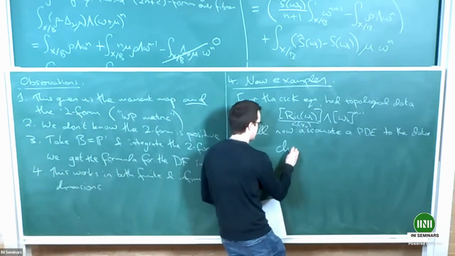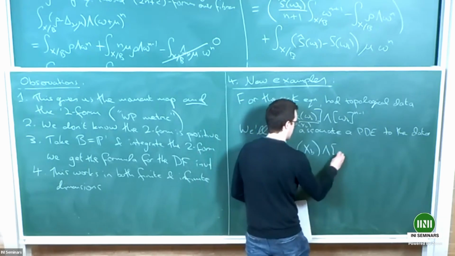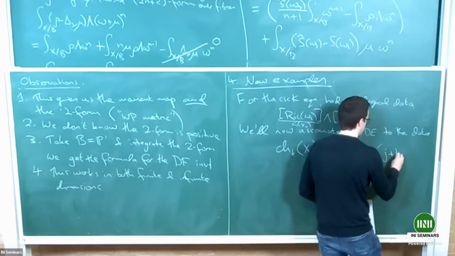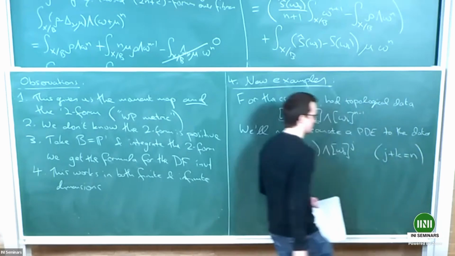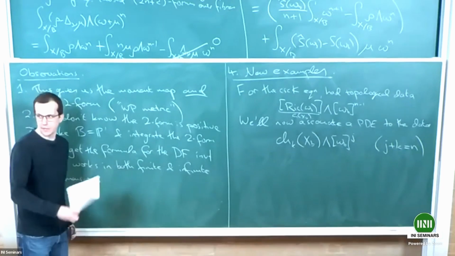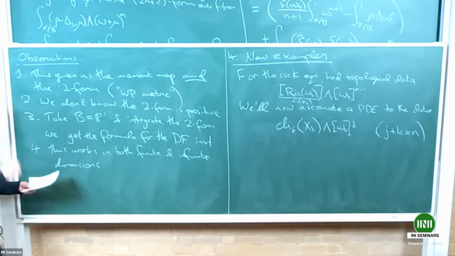So I'll look at the kth Chern character of a fiber wedged with omega_B to the j. Here j plus k is equal to n, the dimension of a fiber. So I'm choosing this as my topological data on the fibers, and I'm going to show you how we can generate a geometric equation just from that data.